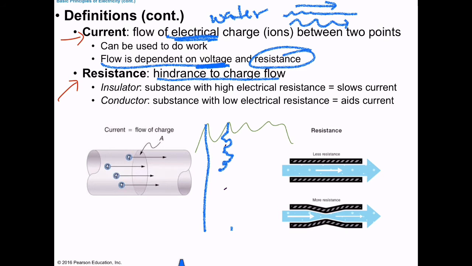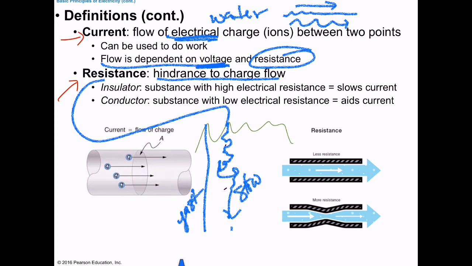So this one would be fast, and this would be slow, because stuff is resisting its ability to go fast. Those things are usually going to be an insulator. So that's a slow current. We wrap things like our copper wire in insulator so we don't want our current to hop out of the wire. We want it to stay and go wherever we want to direct our electricity.